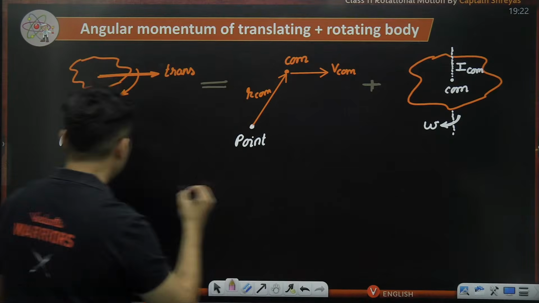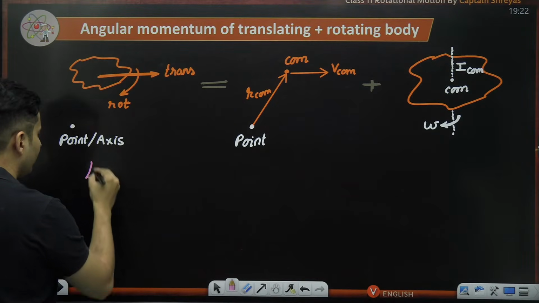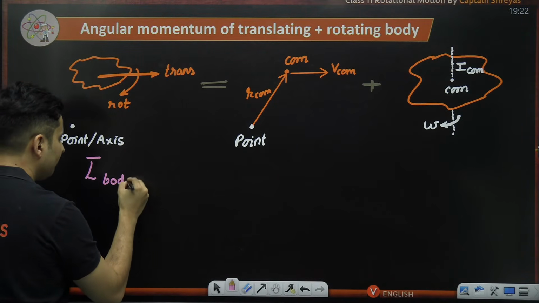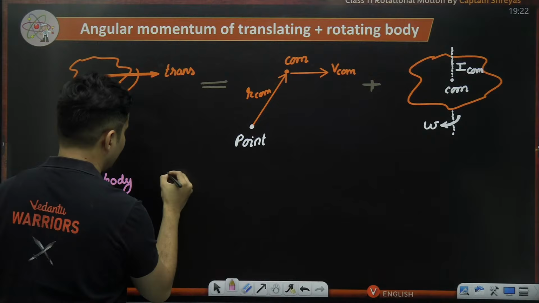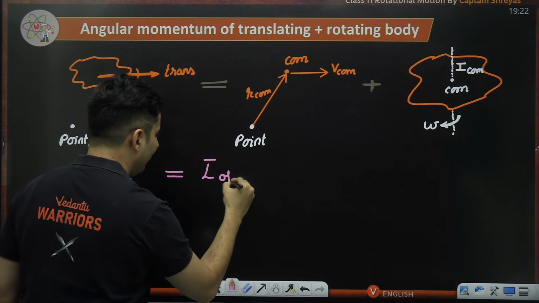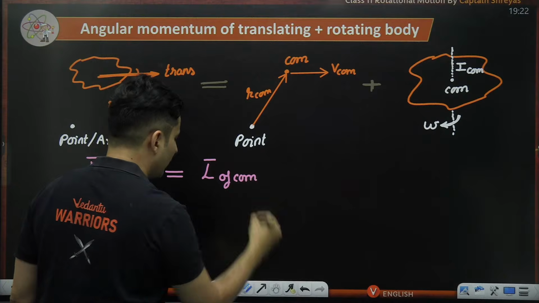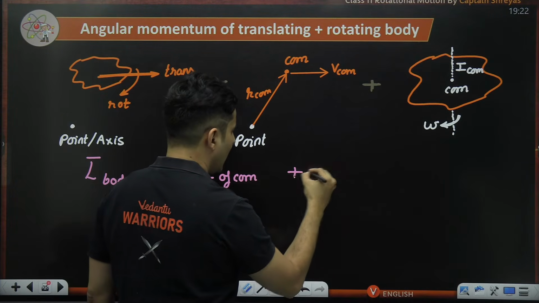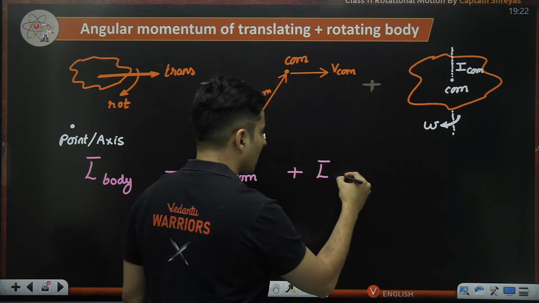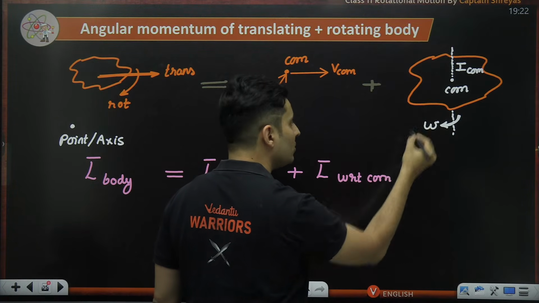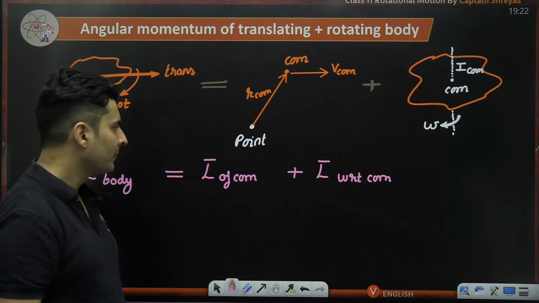So the angular momentum of any particular body which is rotating and translating is angular momentum of the center of mass, which is a point mass, plus angular momentum with respect to center of mass, where you have to use the rigid body formula.